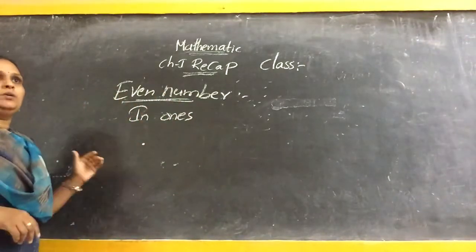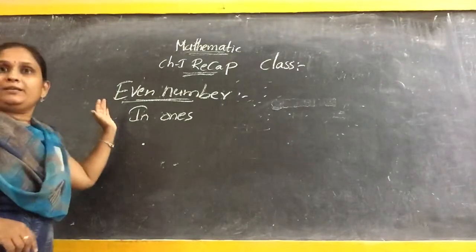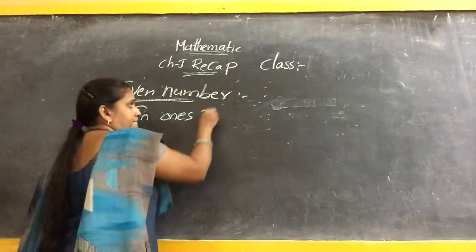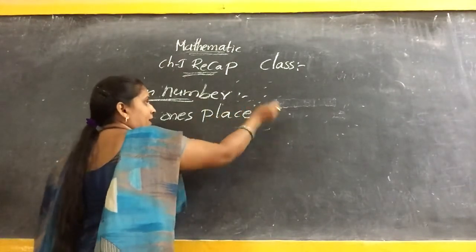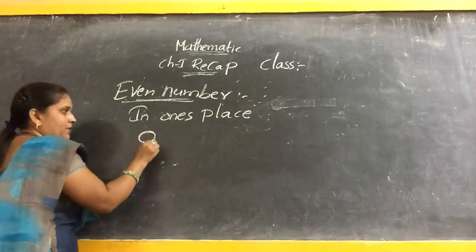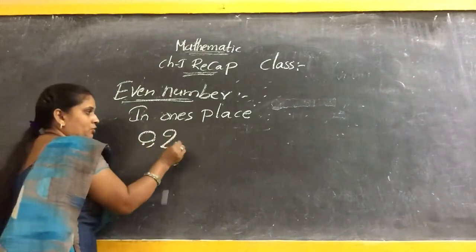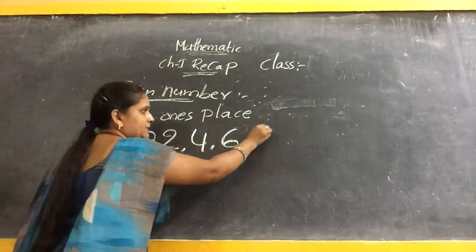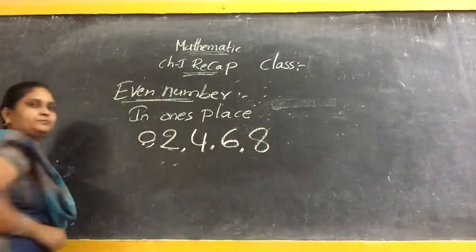Now, to identify the even numbers, in ones place 0, 2, 4, 6, 8.